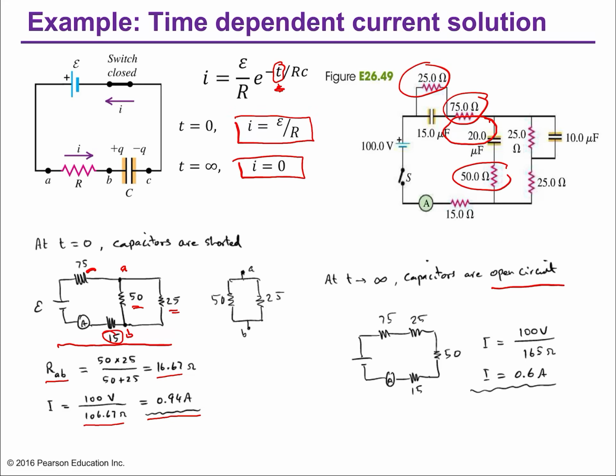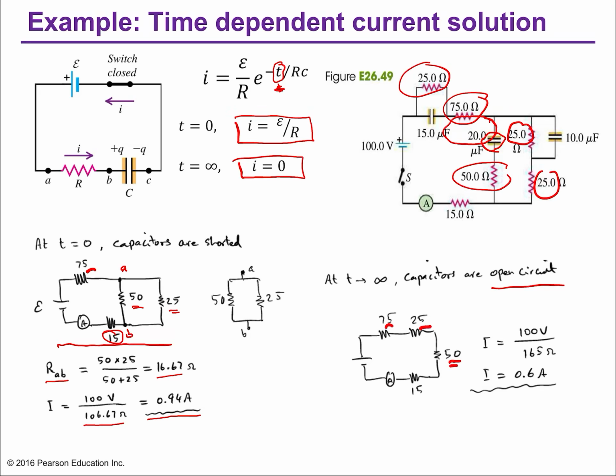But the 50 ohm here, when you open circuit this capacitor, disappears because no current will pass through it. And of course, the 25 ohm here and that 25 ohm will add to 50 ohm. So that 50 ohm is the result of those two.